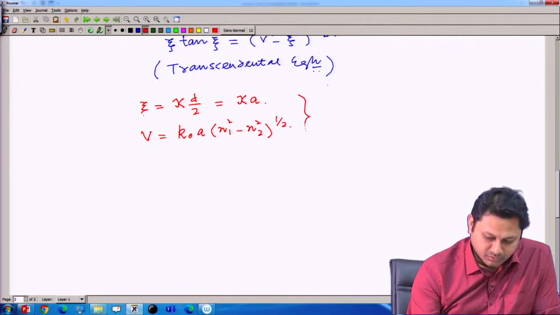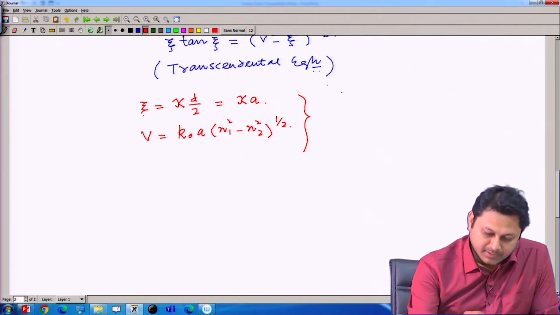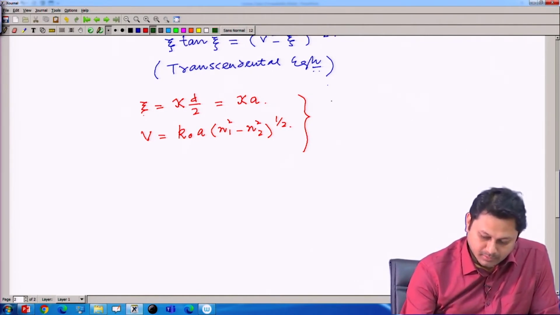So, these are the two parameters we define. Mind it, my kappa is k0 square n1 square minus beta square whole to the power half.